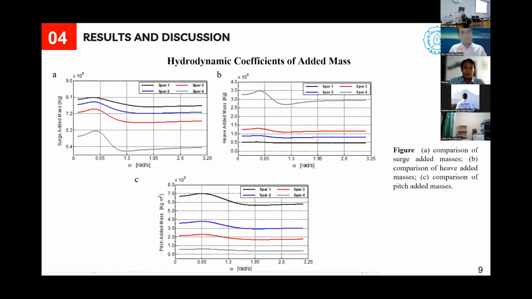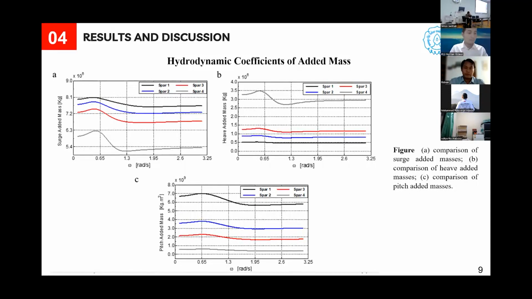This is the discussion of the hydrodynamic coefficient of added mass. The magnitude of added mass or inertia for the surge, heave, and pitch modes are shown in this figure. The hydrodynamic coefficients in the current work are denoted by a black line for spar 1, blue line for spar 2, red line for spar 3, and green line for spar 4.